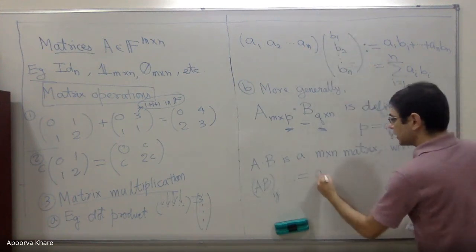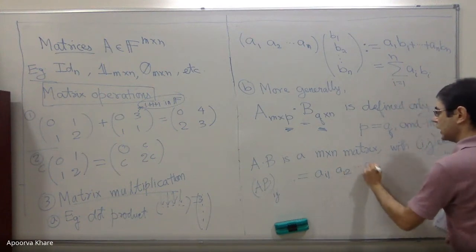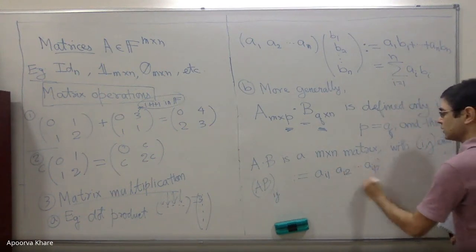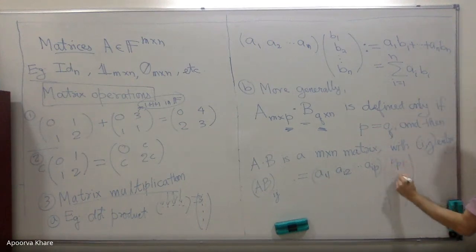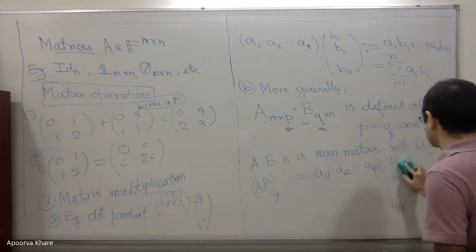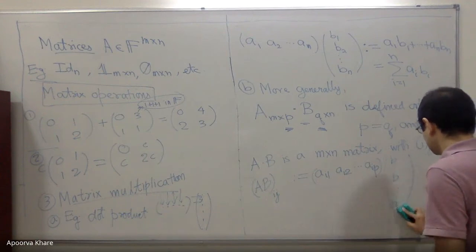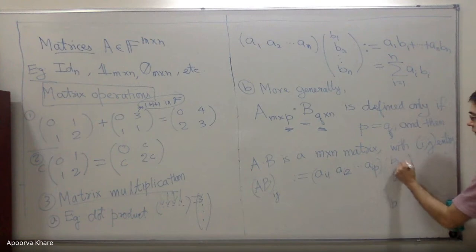So it is Ai1, Ai2, ..., Aip multiplied by the column B1j, B2j, ..., Bpj. Something is very wrong here. Sorry, it's B1j, the jth column, so the second index is always j.